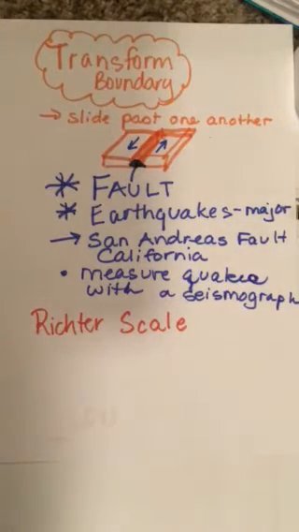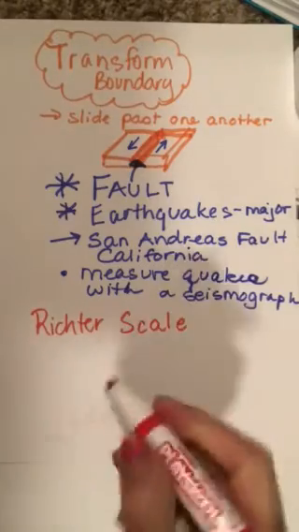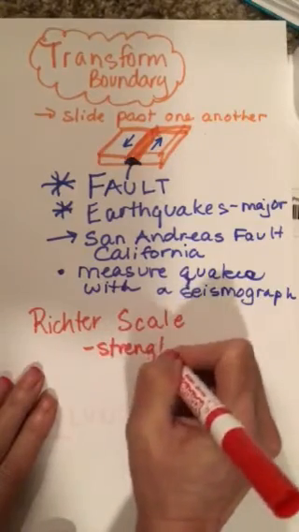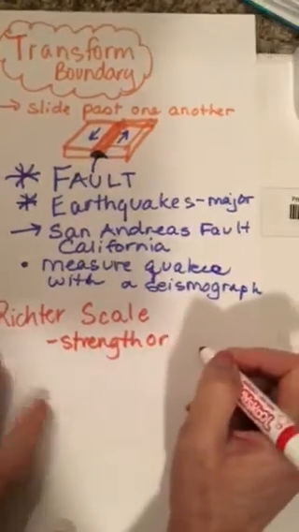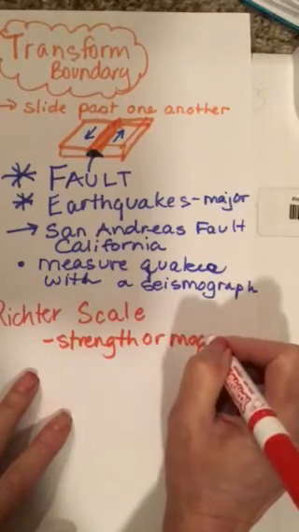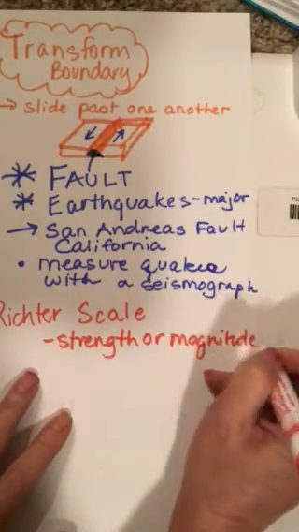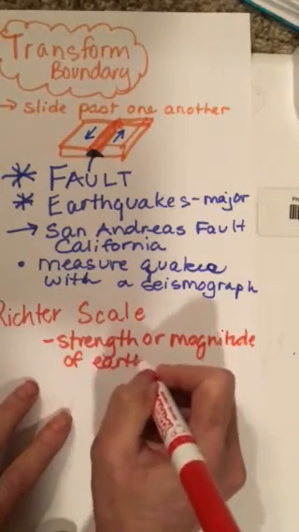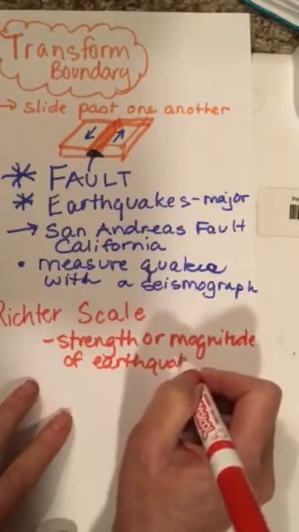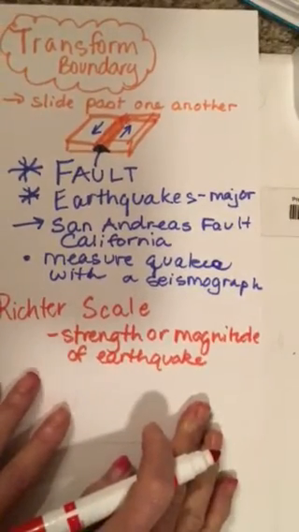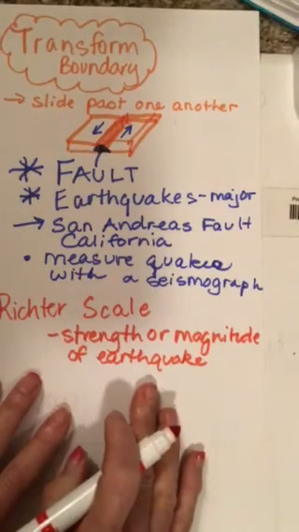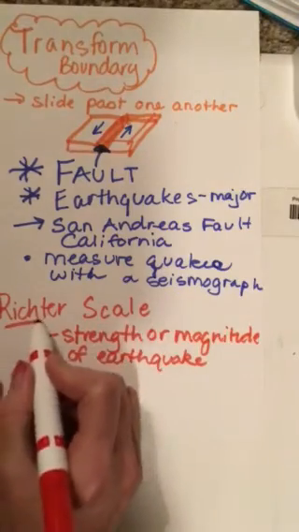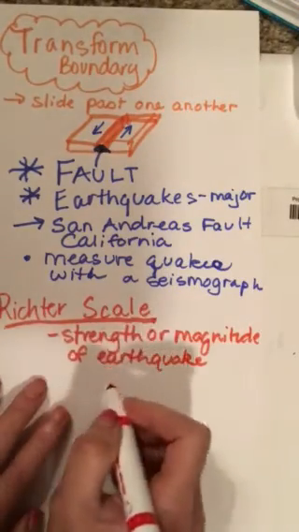Depending on the Richter scale numbers, it can tell you the strength, or another word for strength, which we've heard before, is magnitude of the earthquake. So if you see here, it was a 7.0 or a 5.0 or 5.9. This is all based on the Richter scale. The data came in through the seismograph, and then we compared it to this scale to see how severe the earthquake was.